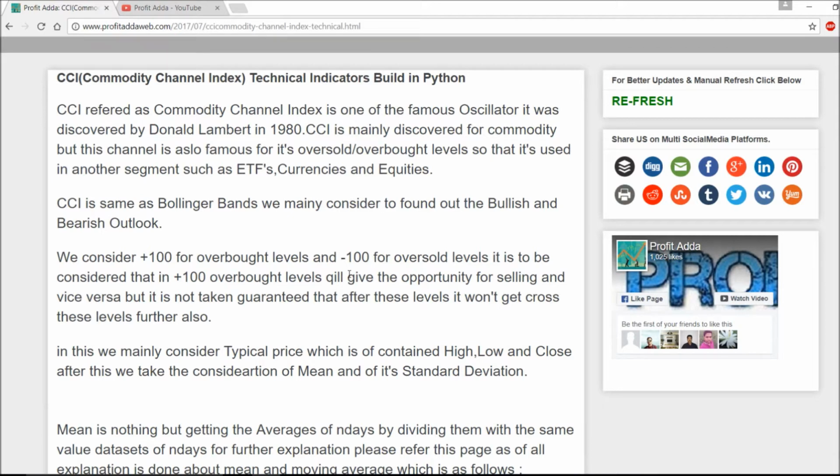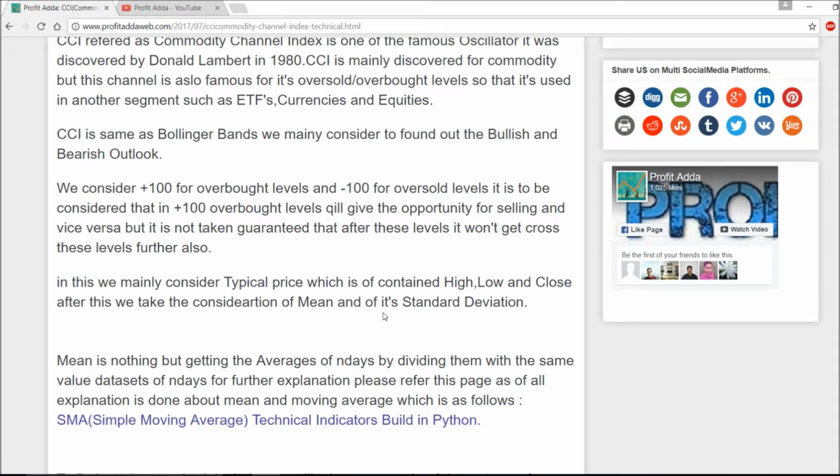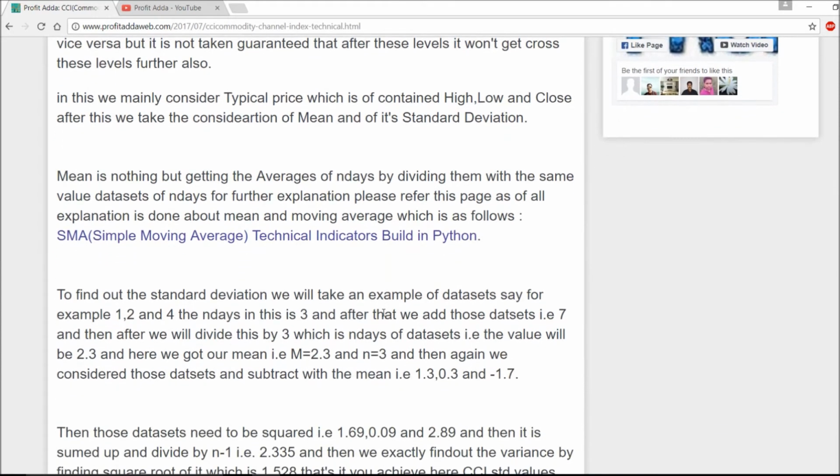And if the price touches minus 100, then definitely it is the oversold level. From that point we can consider whether to buy or sell.